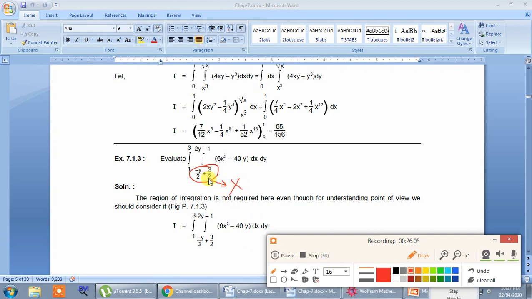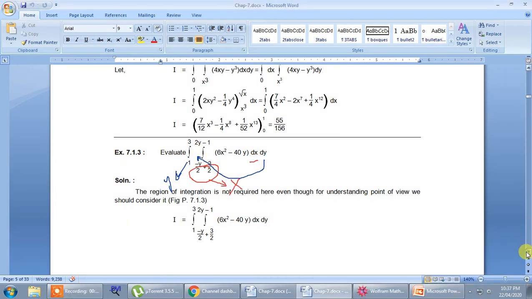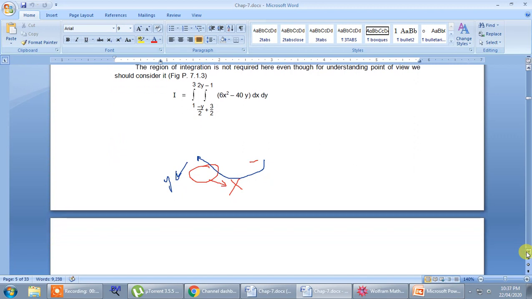If the inner integration limit is of x, the first integration is to be carried out with respect to x, and thereafter you are supposed to integrate with respect to y. So the first integration is with respect to x, treating y as a constant. Before that, we take dy outside. So dy should be outside the inner integration, but inside the outer integration. So that problem also you can do.